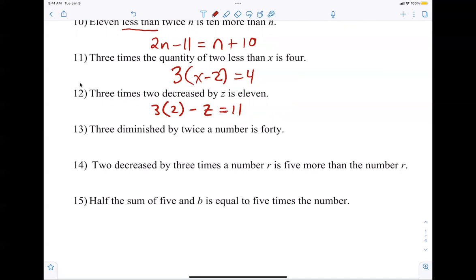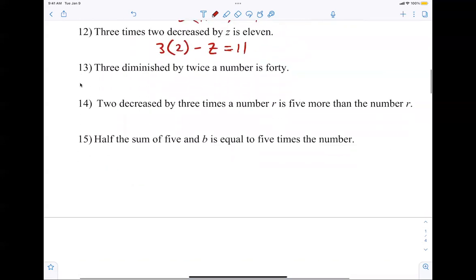Right, and I think that's just to show you, you don't always have to multiply a number by a variable. All right. Ooh, diminished. You got the tough one. Hold on. Nora. Yes. You're awesome. 3 minus 2x equals 40. Good work. I like it.